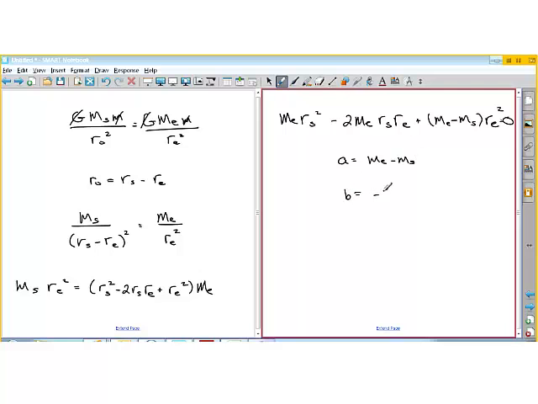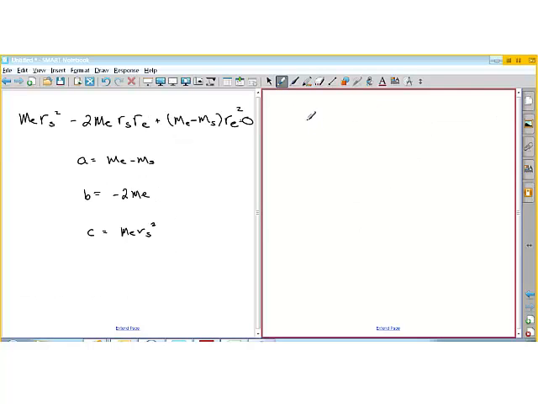B is equal to negative 2 m sub e. So that's the coefficient in front of the middle part. And c is the constant term, so it's going to be m sub e r sub s squared.